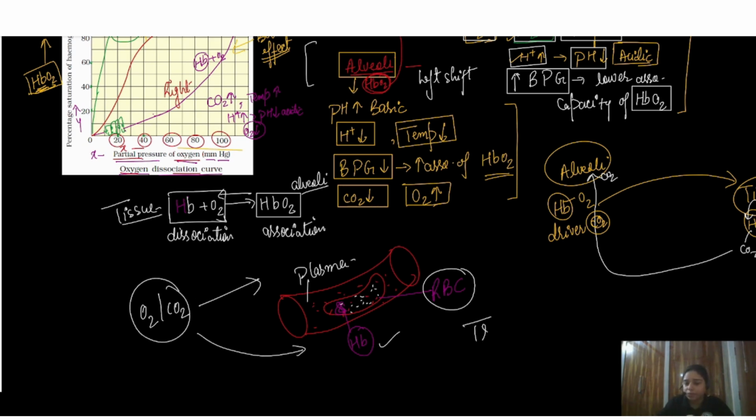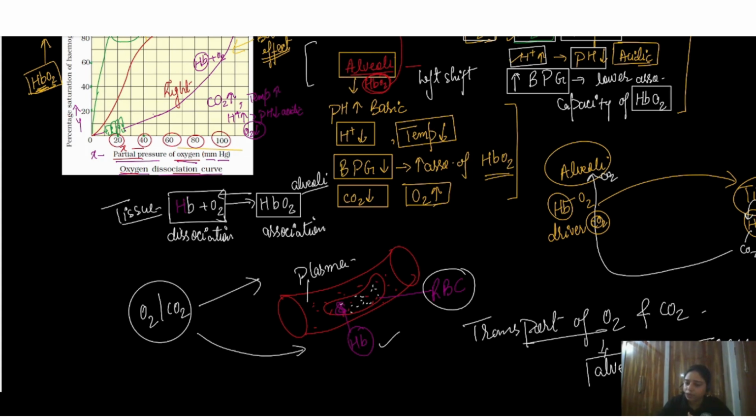So the transport of oxygen and CO2, from alveoli to the tissues or tissues to the alveoli, is also important. These factors we are going to see in the next part. This is very important for you to understand the complete mechanism.